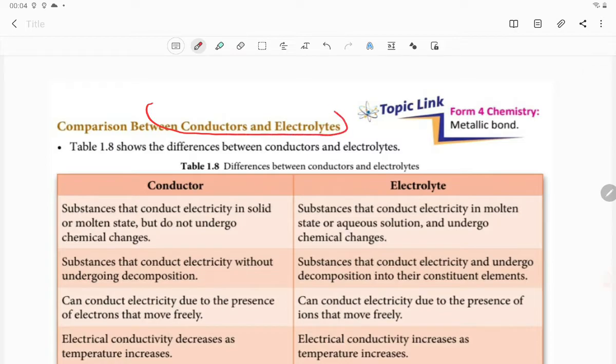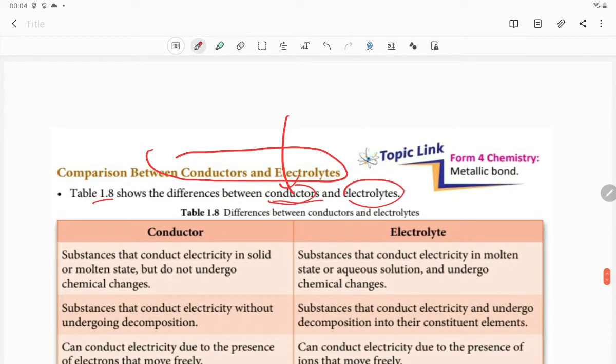Comparison between conductor and electrolyte. Table 1.8 shows the difference between conductor and electrolyte. Just now you have learned about electrolyte, so let us compare with conductor. An example of an electrical conductor is usually metal. Try to recall what you learned in Form 4, chemical bonding under metallic bond.